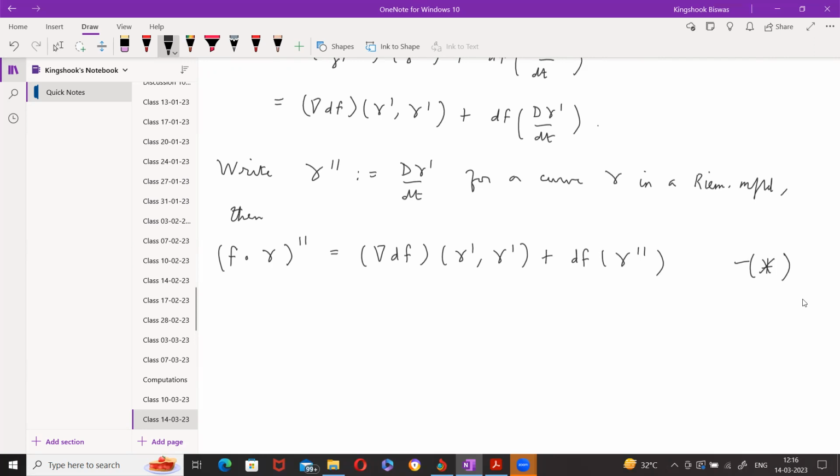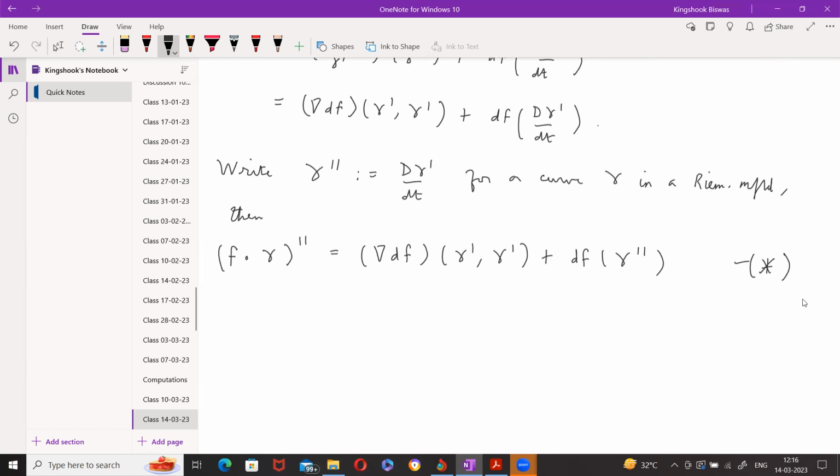Yes, this is what we proved. So we've got a formula for the second derivative of a composition of a map with a curve. So this gives us the value of the second fundamental form along the diagonal, right?